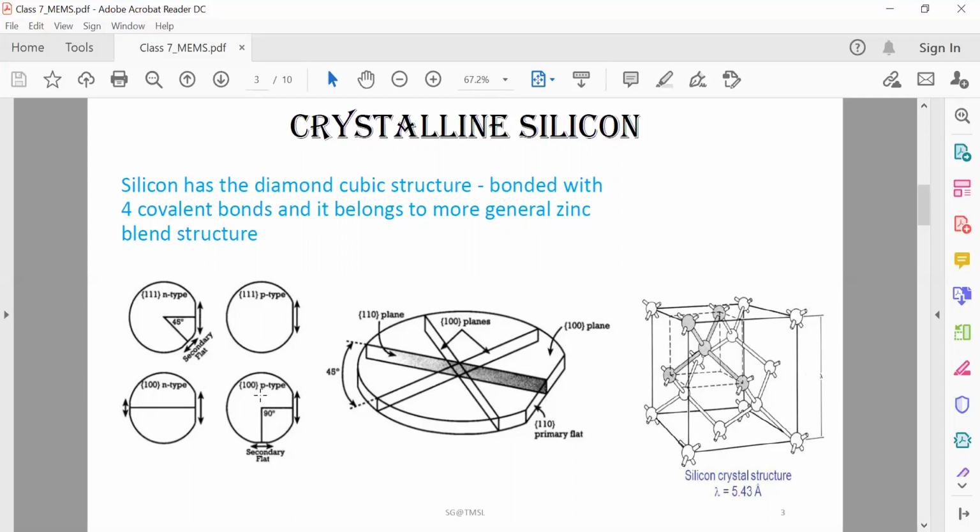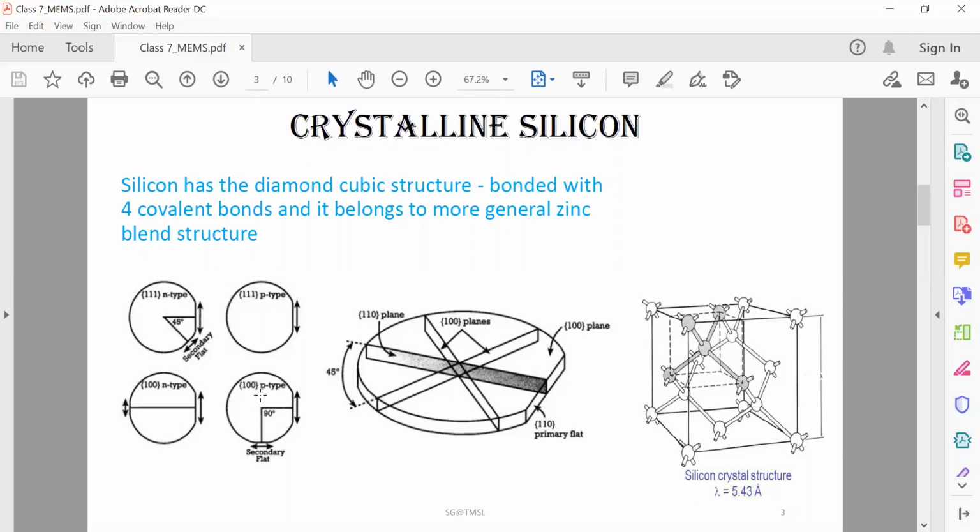But in 111 you cannot break regularly. You have to use some diamond saw, and even then some of the pieces will break at different angles. It is hard to cut, so some of the pieces you can lose in this way.